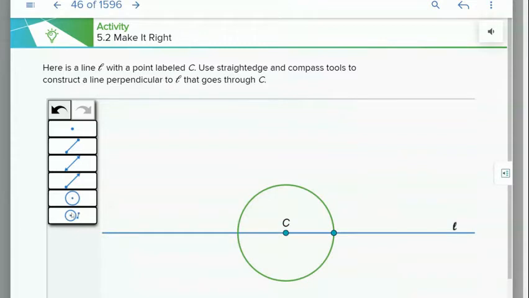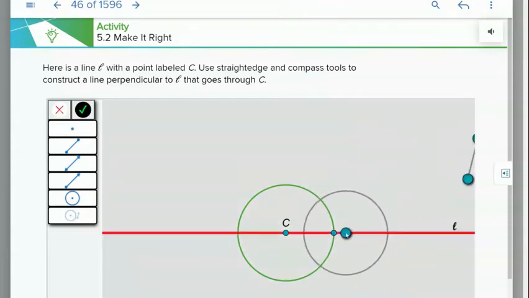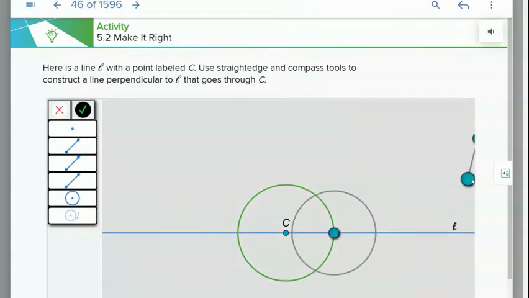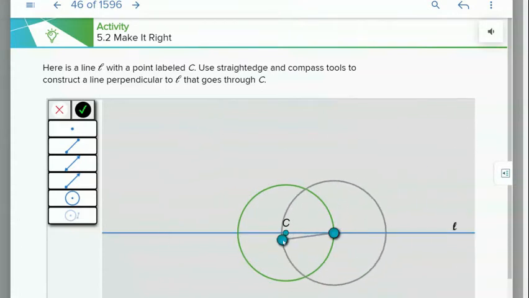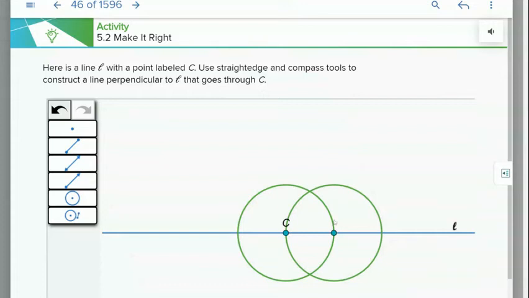Let's create another circle. Notice there's a point here, right? So I'm going to create another circle on that point, with a radius the same as the first circle that I constructed, right?